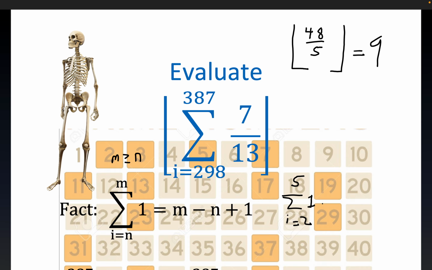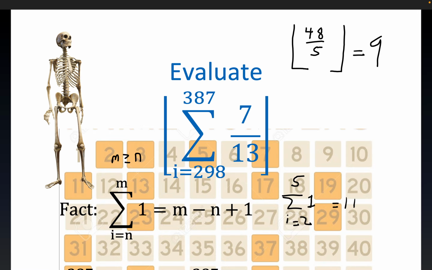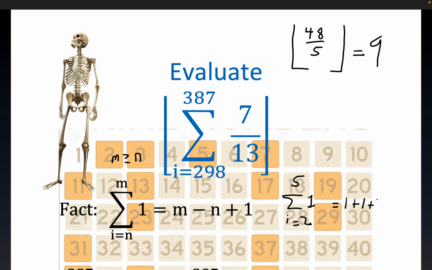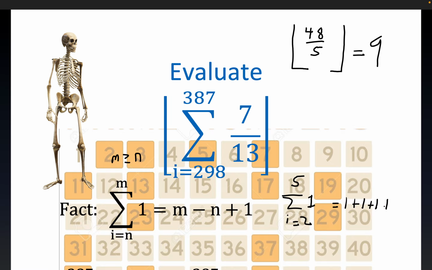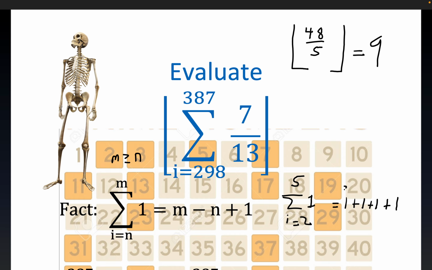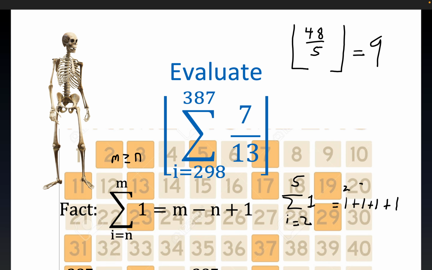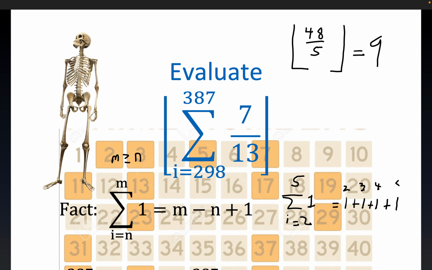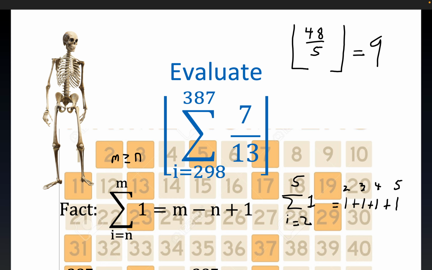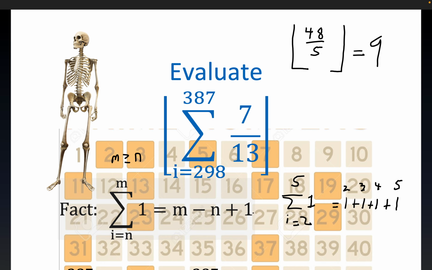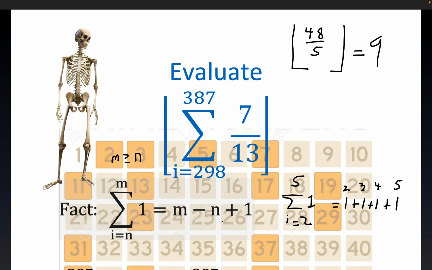This would be equal to 1 plus 1 plus 1 plus 1, four times. If you don't see that, just think of i being 2 right here, 3 right here, 4 right here, and 5 right here. You see this a lot in combinatorics, where you have to add 1 because of the way the endpoints work out. So that's why this fact is true.